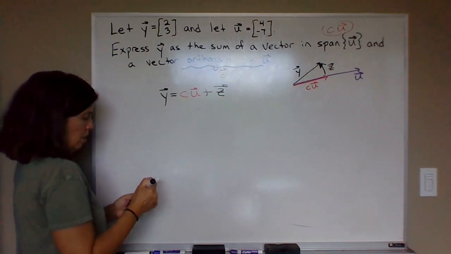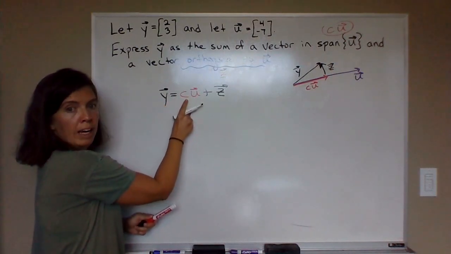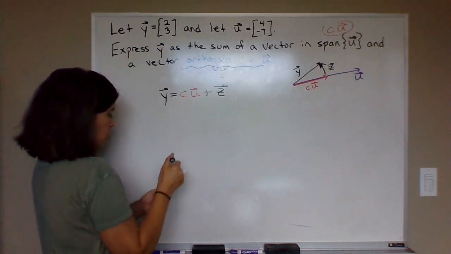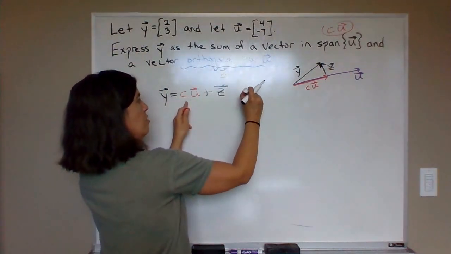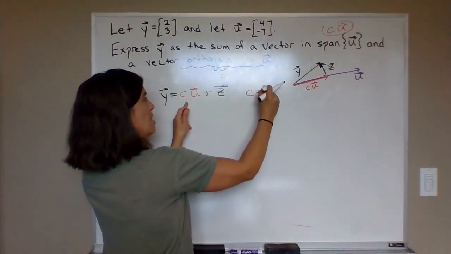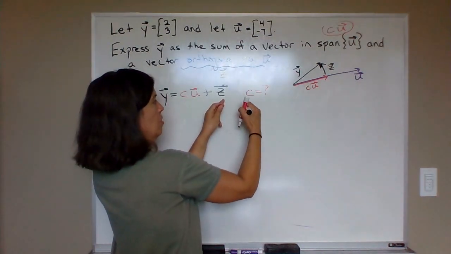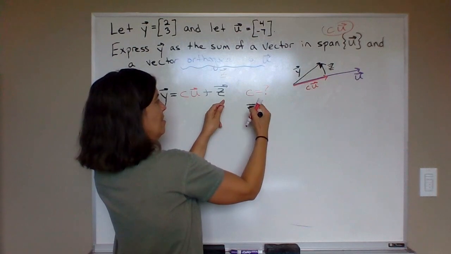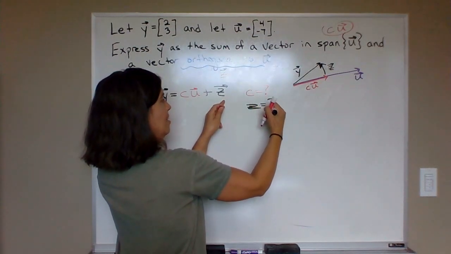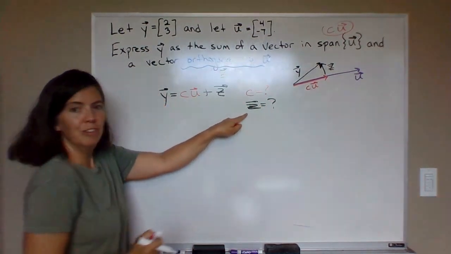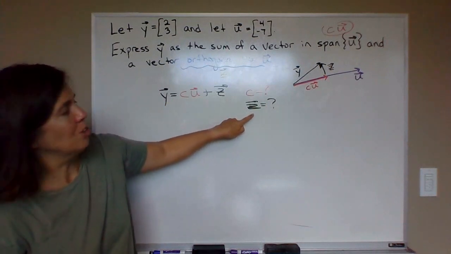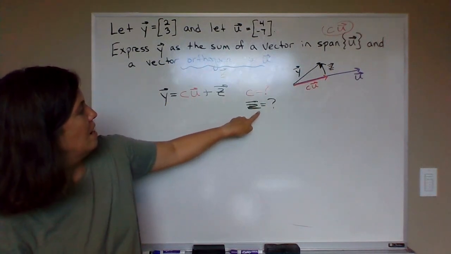We're given the vector y, we're given the vector u. So what we need to solve for is this scalar multiple c and the vector z. This is the vector z. So we're trying to solve for the scalar multiple and then the vector z.